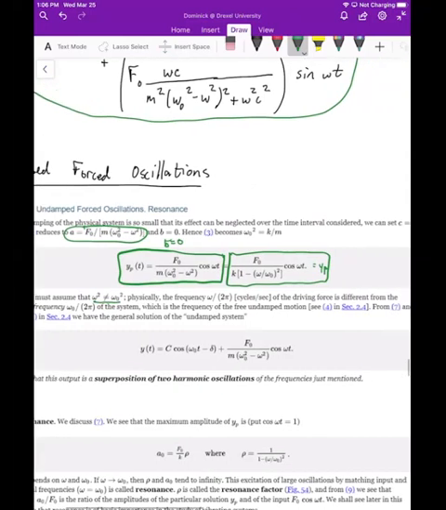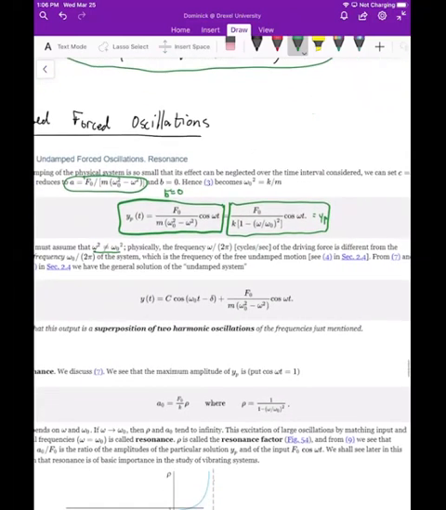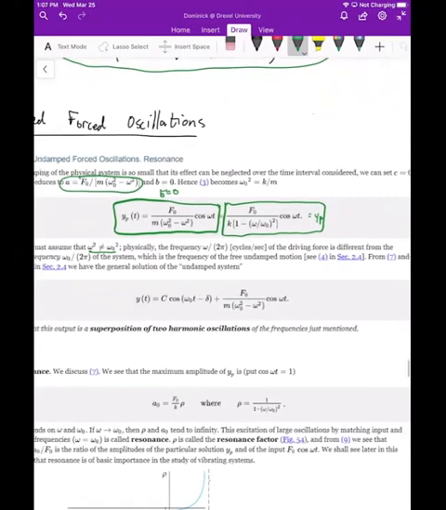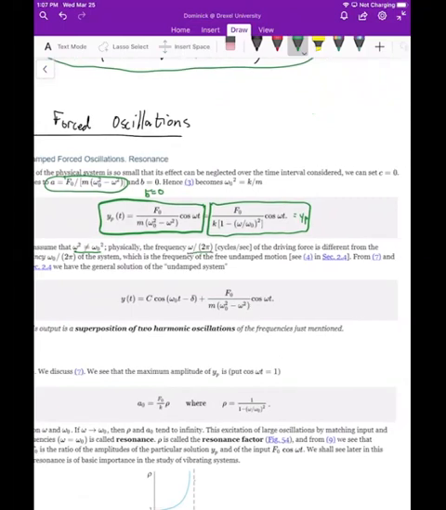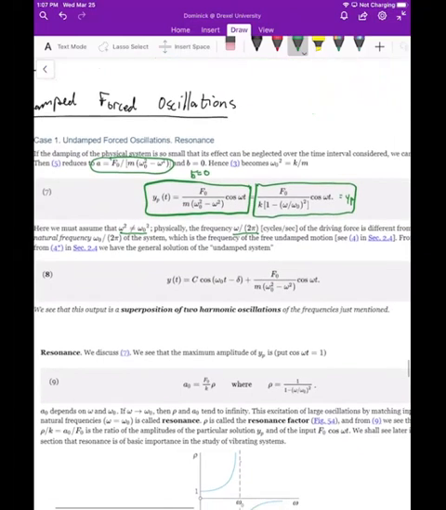So now the frequency of our cosine, which of course is omega over 2 pi, if you remember your trig facts for the period of sine or cosine, is going to be different from what's called the natural frequency. And again, that's because of the difference between omega squared and omega zero squared.